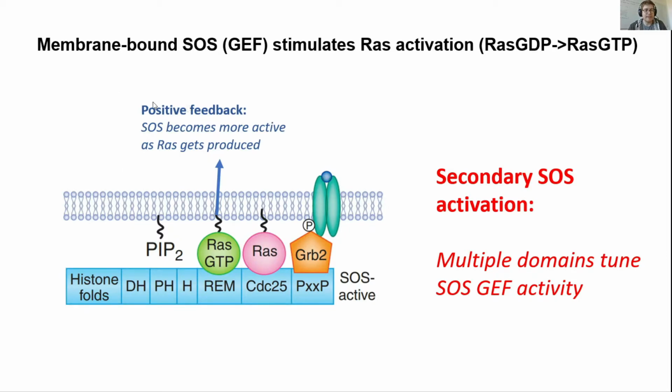And what this domain basically does is it creates positive feedback in the signaling system. So the more SOS activity there is, that is, the more RAS GTP that's being produced by this GEF, the more active SOS becomes. And so there's a positive feedback loop here that enables this GEF to sort of amplify signals in the system.